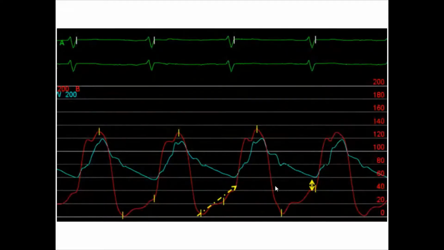So with a rapid rise in aortic diastolic pressure, high LVEDP, and almost narrow end diastolic left ventricular and aortic pressure, this supports the diagnosis of severe aortic regurgitation.